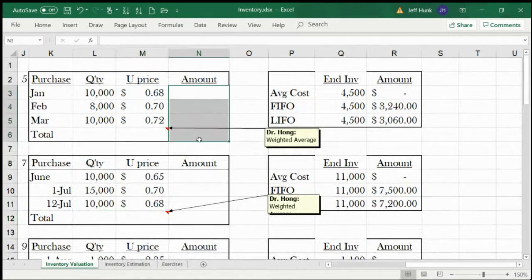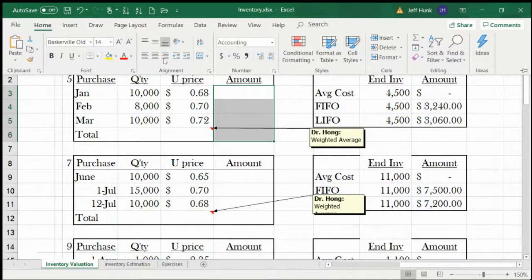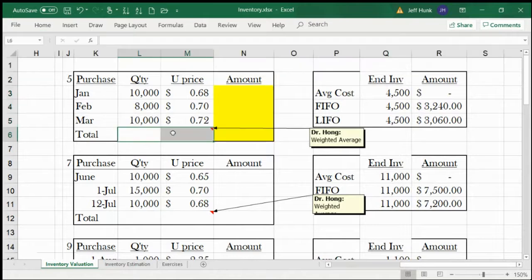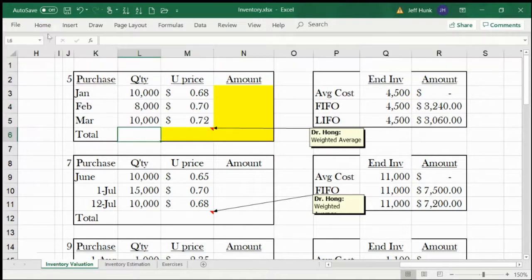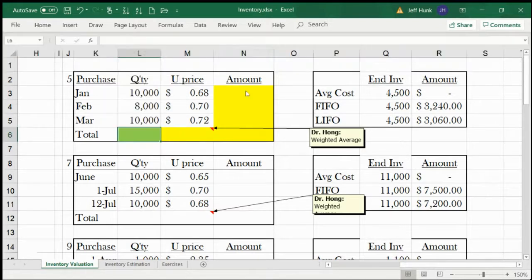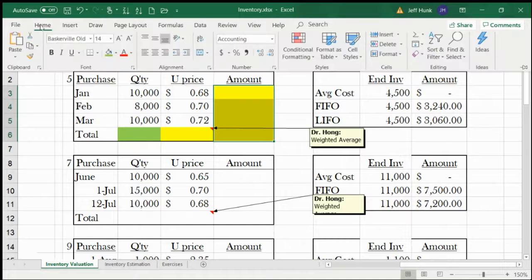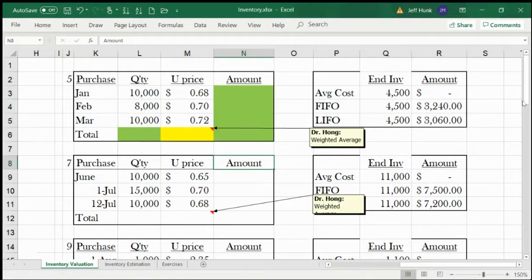Let me put a yellow highlight there, and everything else should be olive green. Alrighty. So let's do the first example. In January you purchased 10,000 units, February 8,000, March 10,000.